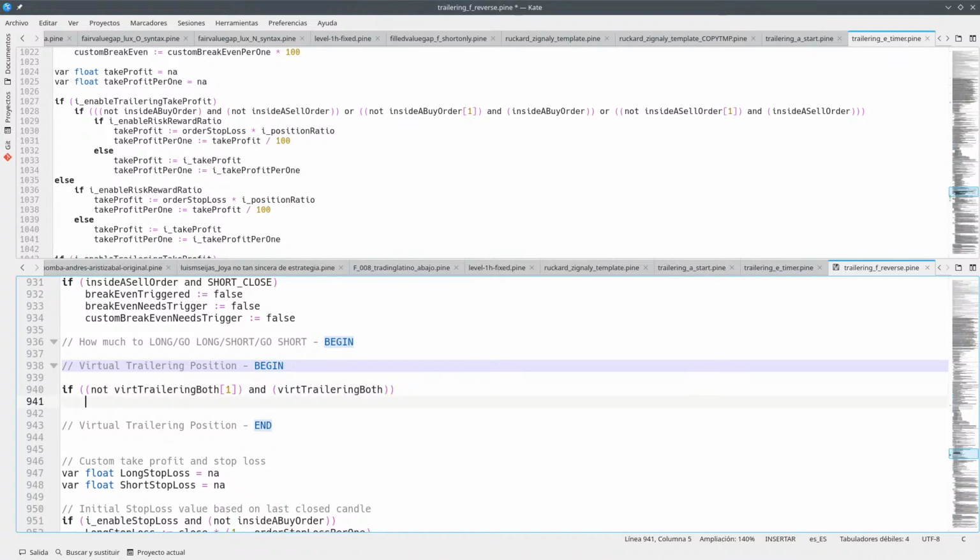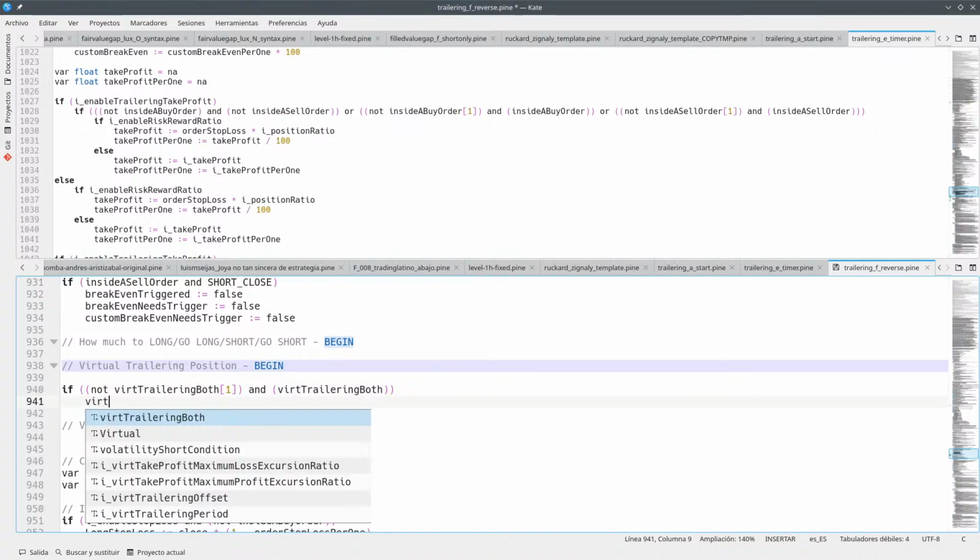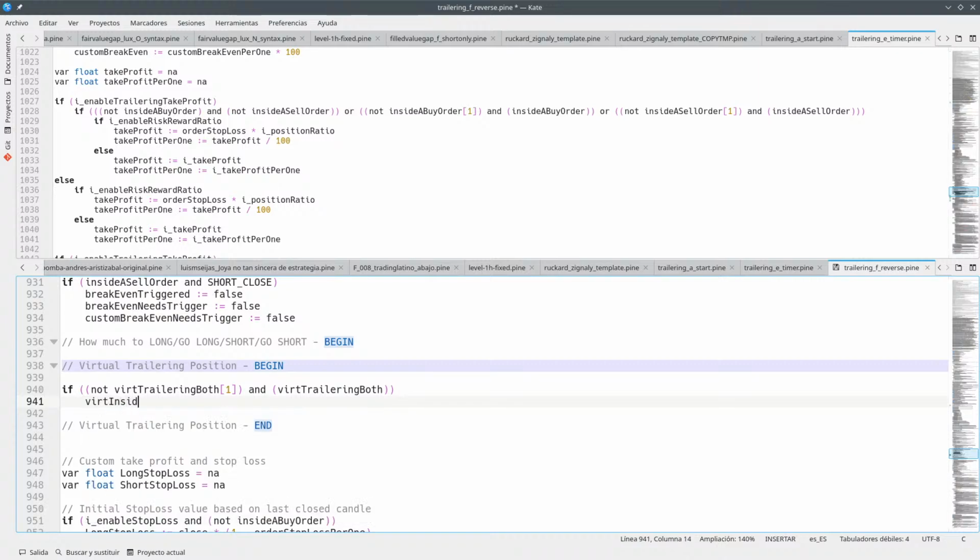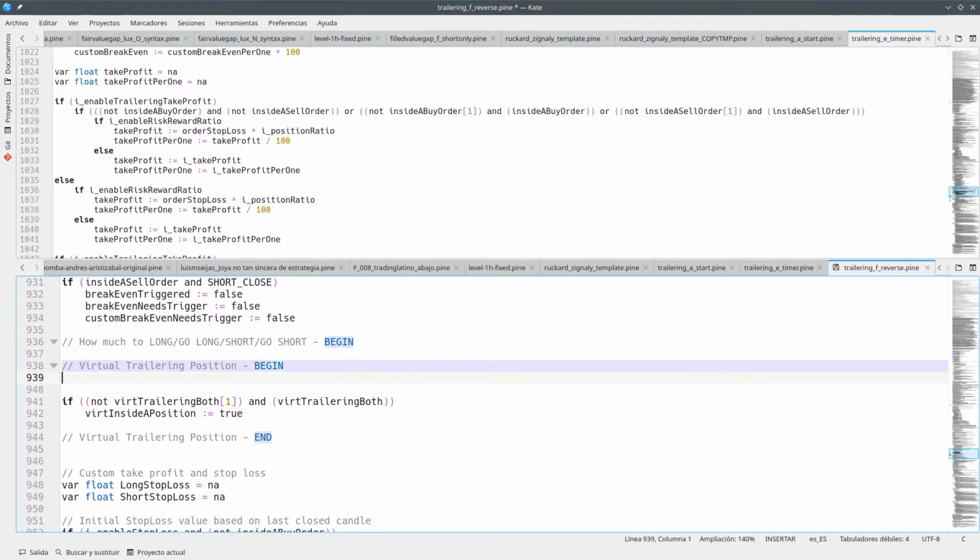So this means that we are virtually inside a position. This is true. So we have this variable here, which by default is going to be false, because there's no other way to do this.